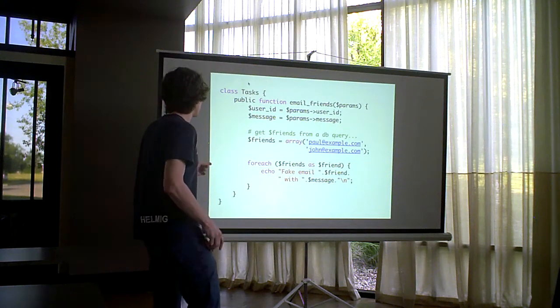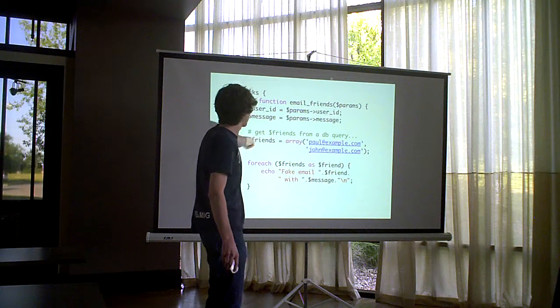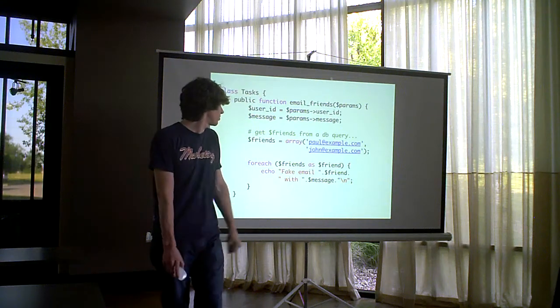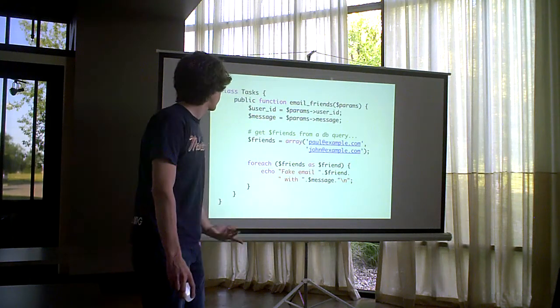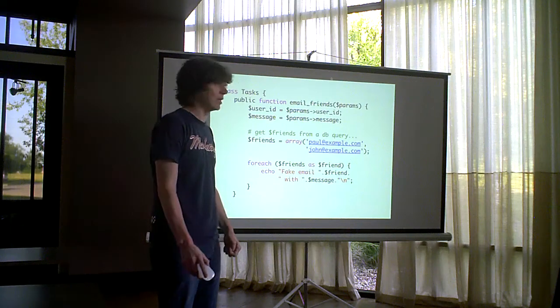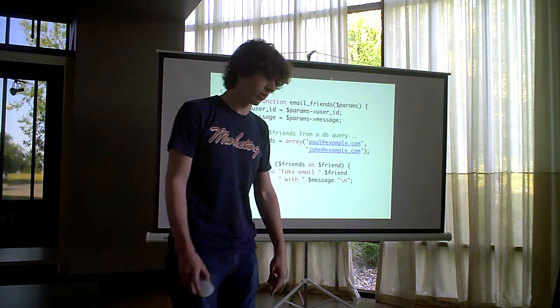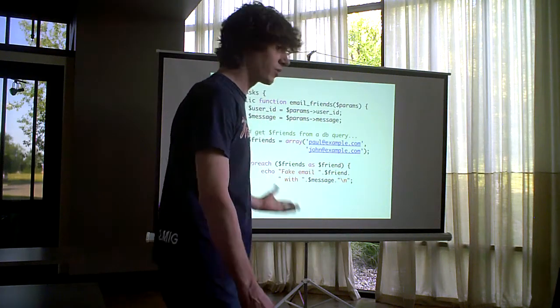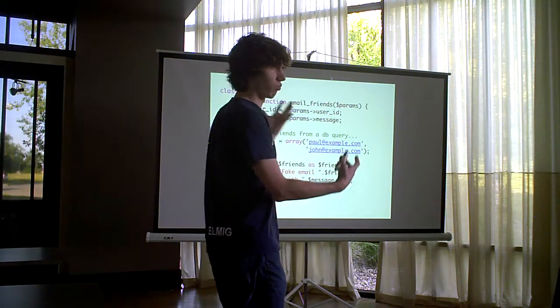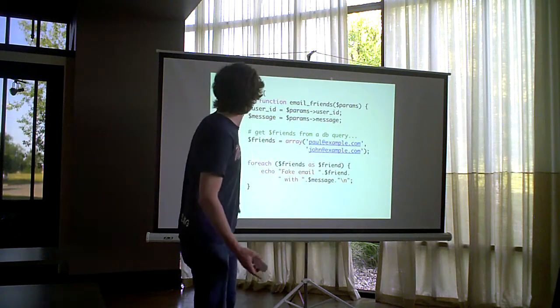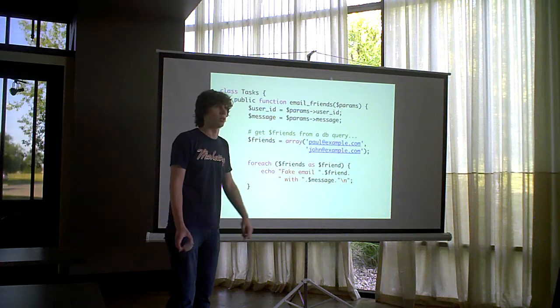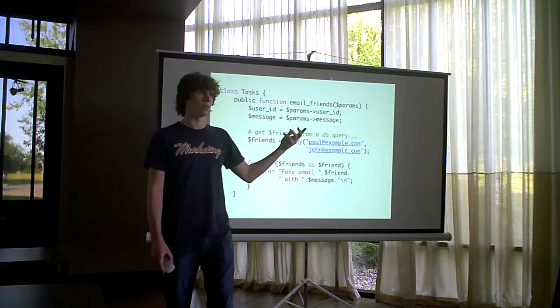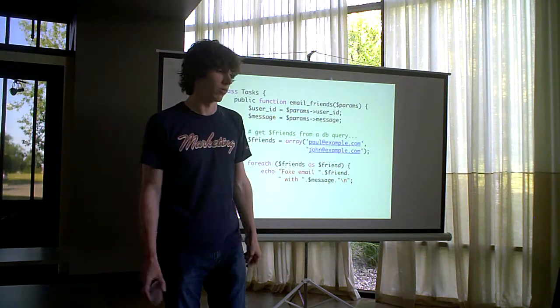We would get the data from the database, but in this case we're just going to stick an array there. And then for each of the friends, we're going to echo a fake email, which would be a real email. And that's all you need for a task, the actual code. If you wanted to add more, you could simply add another public function called generate PDF, or whatever you want to call it.